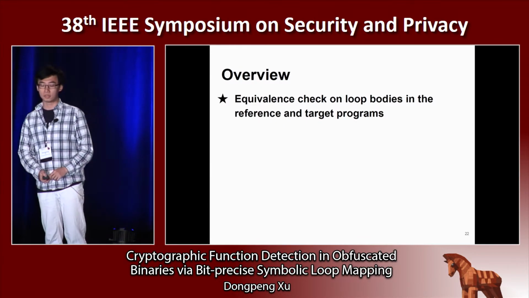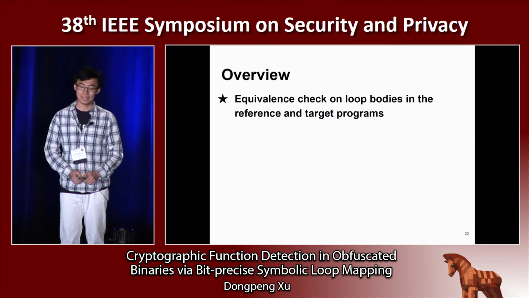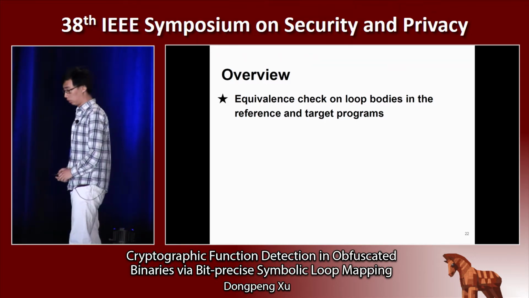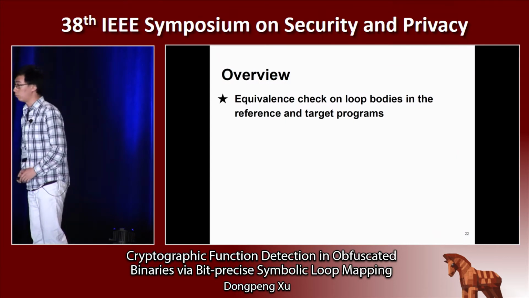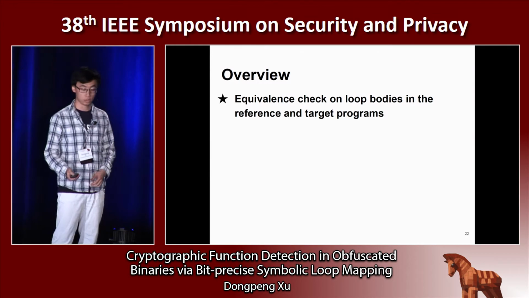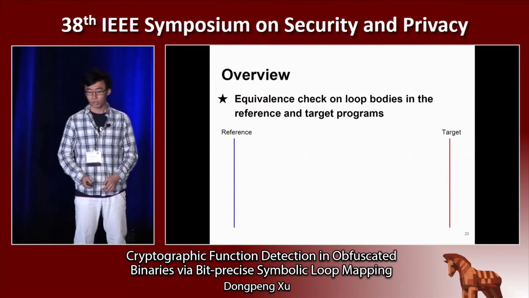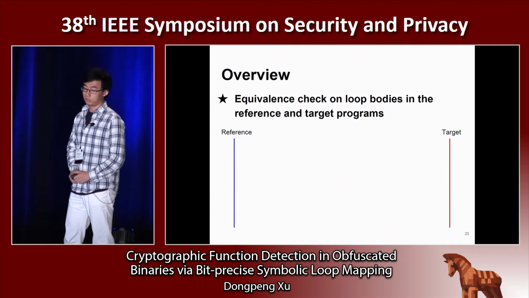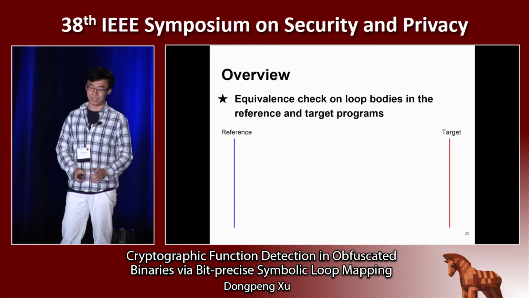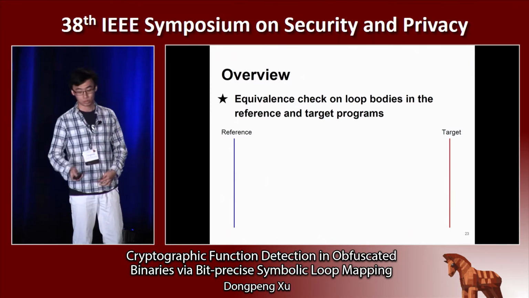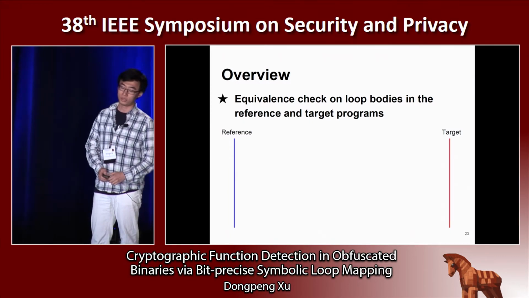So in one sentence, our technique does equivalence checking on loop bodies in the reference program and the target program. Here I'll show a big picture of the whole technique. We have two programs, one is the reference and one is the target program. We run both programs to get two execution traces.